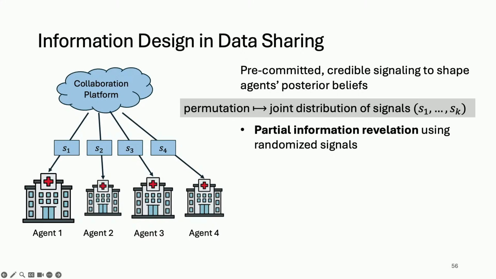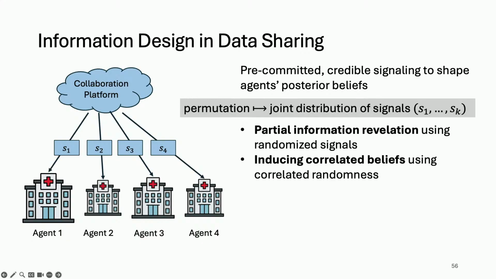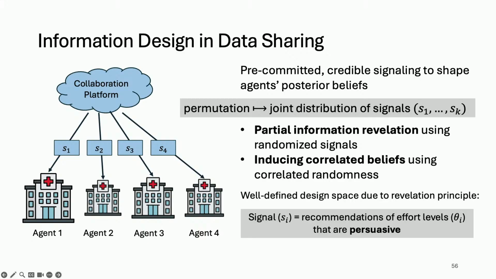Using these randomized signals, we reveal partial information to the agents, and induce correlated beliefs using this correlated randomness. Due to the revelation principle, the space of the signals just needs to be the same as the strategy space. Basically, when designing this signaling scheme, the signal sent to the agent just needs to be the recommended effort level, and that is already sufficient. They call it a direct signaling scheme.